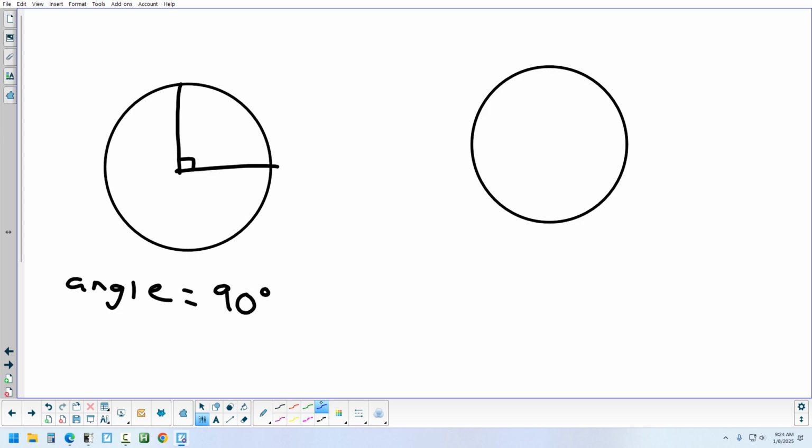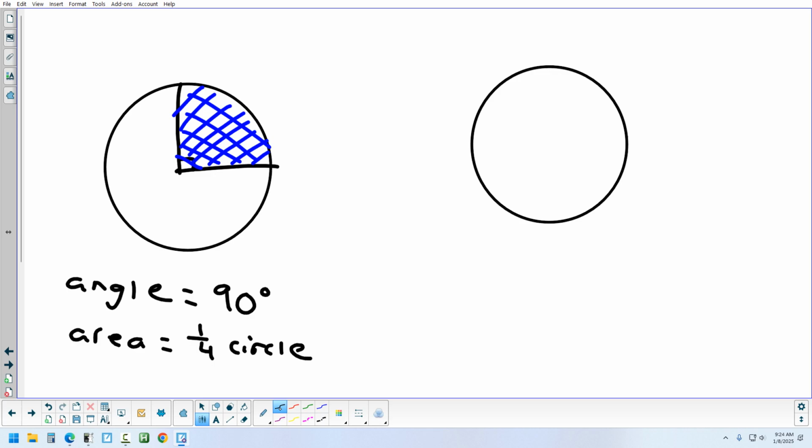And now I don't want to focus on the arc. I want to focus on what part of the circle that shaded region takes up. So not focusing on the arc, I'm focusing on the area. So if you cut that section out, how much of the circle would you be removing? A quarter. You'd be removing a quarter of it.